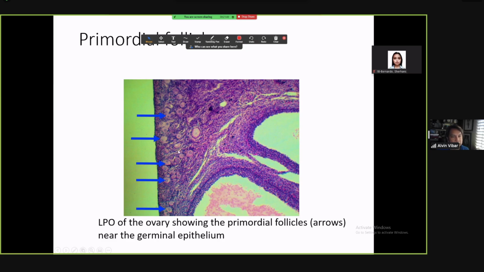Notice that it is surrounded by a single layer of follicular cells. So simple squamous epithelium is the lining epithelium. That will guide you. If you see a follicle lined by a simple squamous epithelium, the stage of development is a primordial follicle.